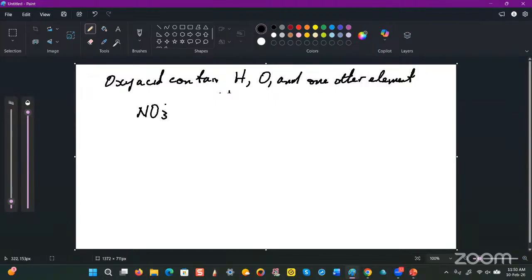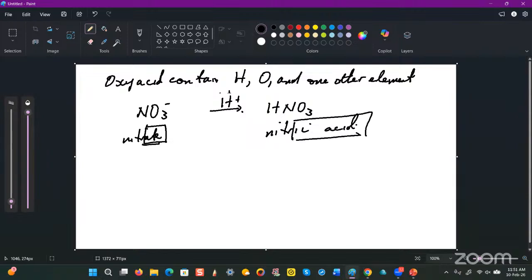NO3 minus is called the nitrate ion. To get the corresponding acid, we add H plus to it, and that gives you HNO3, right? In this case, because this is nitrate, the name of this acid is nitric acid. So you see what we did was replace the ATE ending with ic acid.